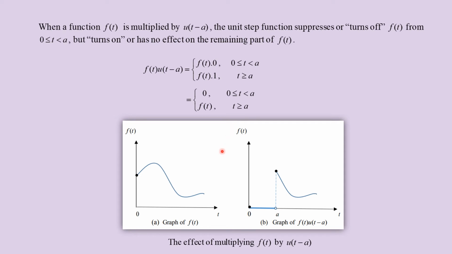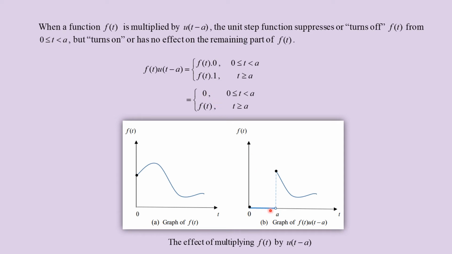Let's say this is the graph for the function f(t). f(t) can be any function. So what is the effect when we multiply this f(t) by the unit step function, according to what we have computed just now? From t larger than or equal to 0 and less than a, the function f(t)u(t − a) has been turned off to 0. So this is exactly equal to 0.